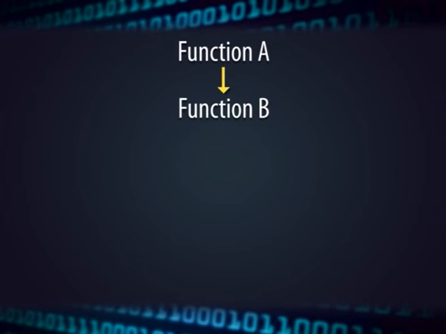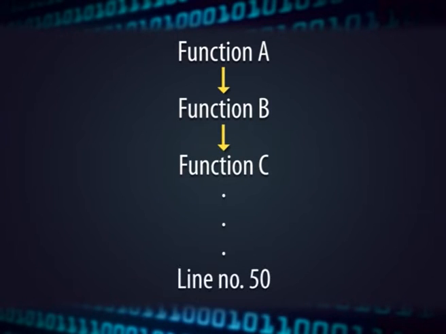For example, if the main program calls a function A, it then calls function B, function B then calls function C, and there exists a line 50 in that function C. The call stack at that moment will contain the information that you are at line number 50 of function C, but to reach this function C you have come from function B, because it was function B which called function C, and function B in fact was called by function A, and function A was called by the main program.